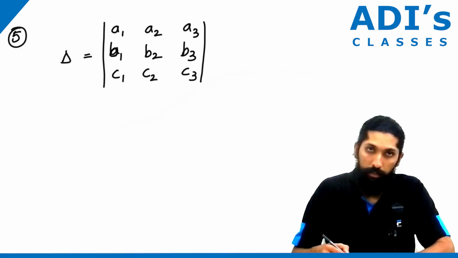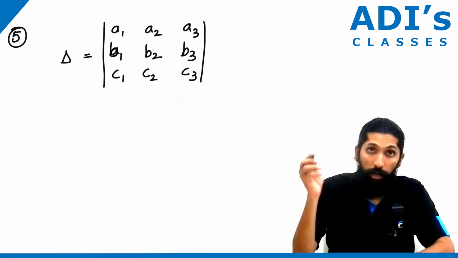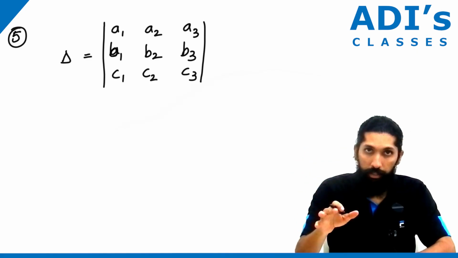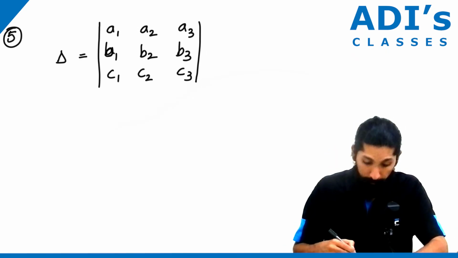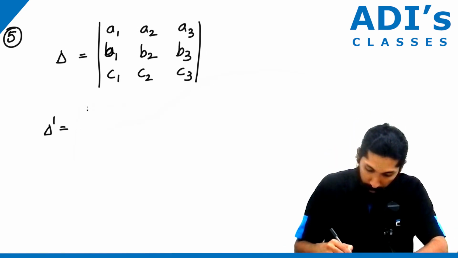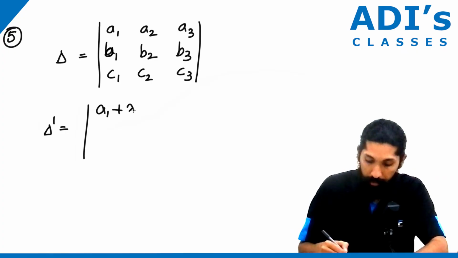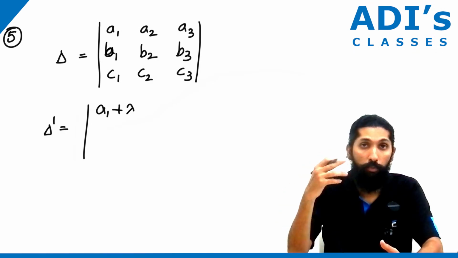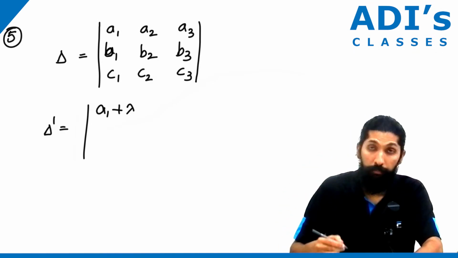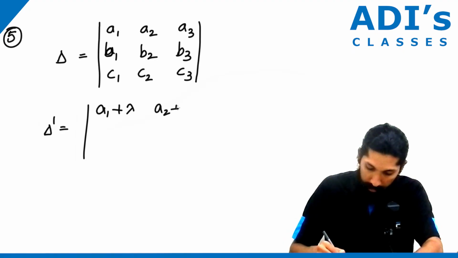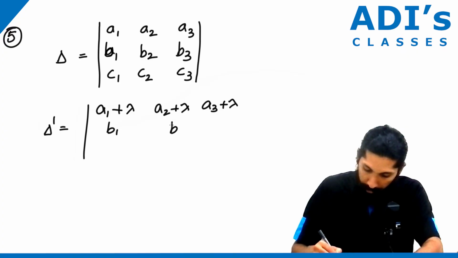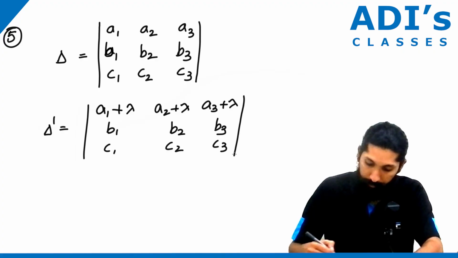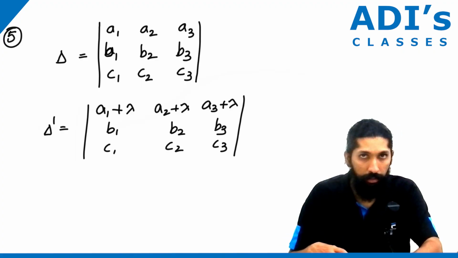Now suppose delta dash has A1 plus lambda, something like x plus 2 or x plus y, then A2 plus lambda, A3 plus lambda in the first row, and B1, B2, B3, C1, C2, C3 as the other rows.